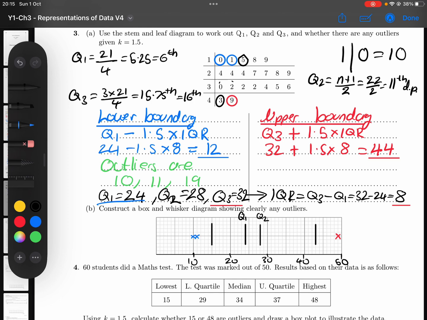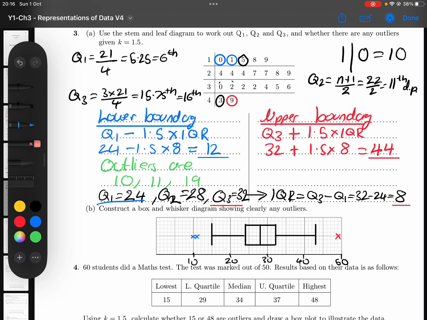And our upper quartile was 32. And then just drawing this, finishing off the diagram, drawing the box and the whiskers. And I'm just going to erase my working out where I labelled the quartiles and the median.